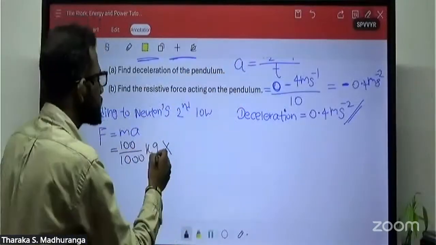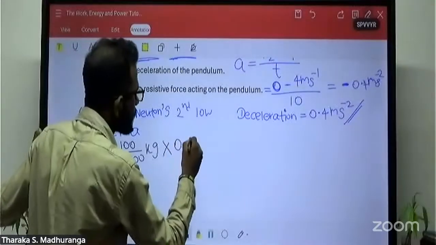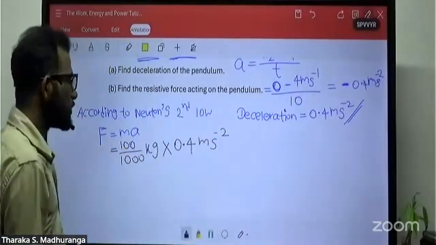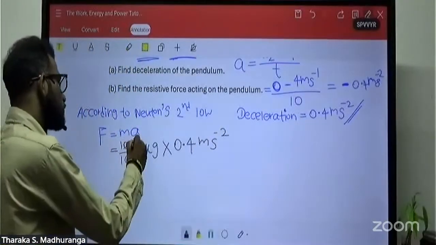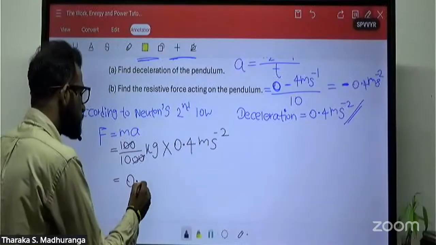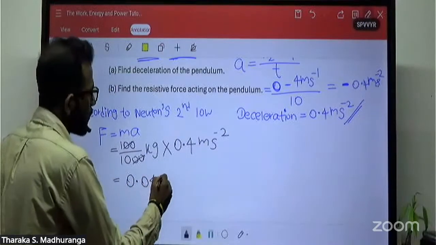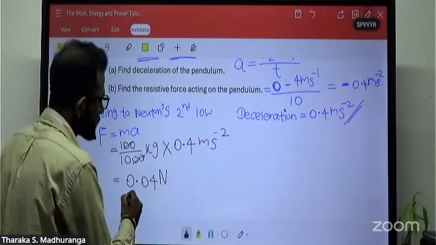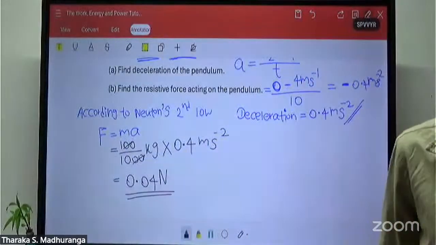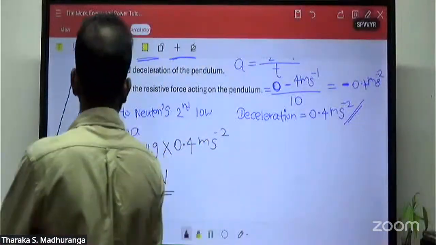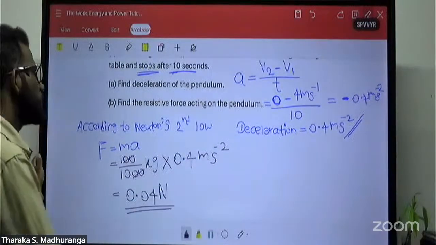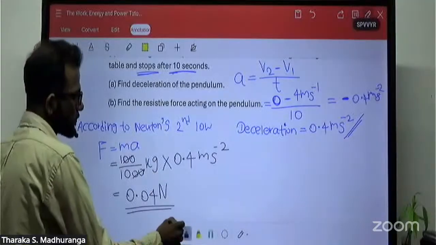Then we can use 0.4, no problem. 0.4 m/s² minus 2 in standard unit. Now 20 and 20 cancel out. Then 0.04 Newton is the value. Newton means N, no?